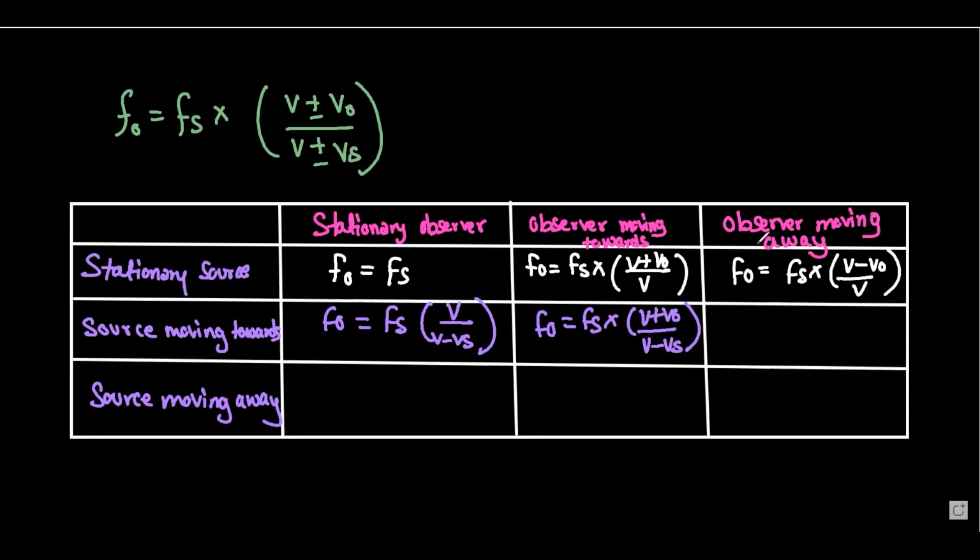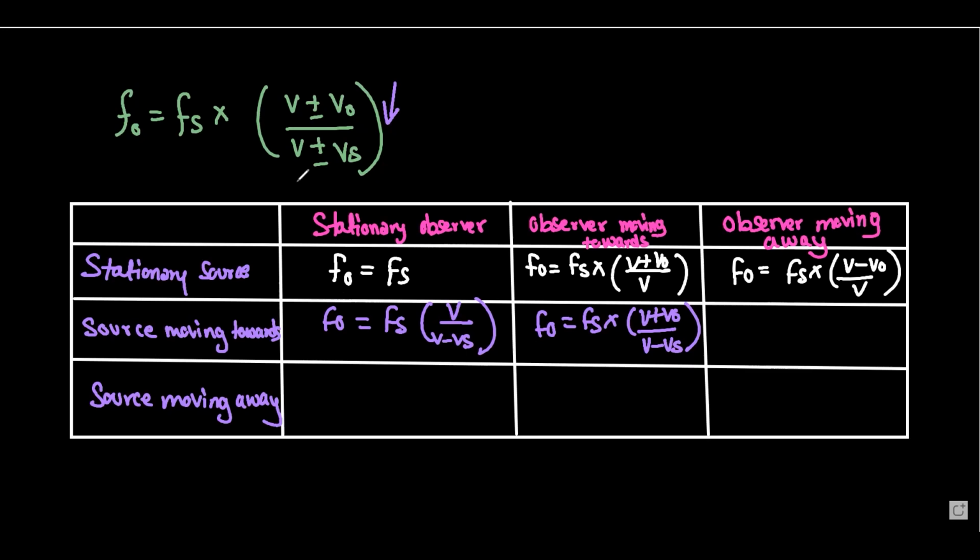Now, the observer is trying to move away. That means the observer wants to decrease the frequency, so the numerator has to decrease. However, the source is trying to move towards it. So the source would try to increase the observed frequency and the observer will try to decrease the observed frequency.